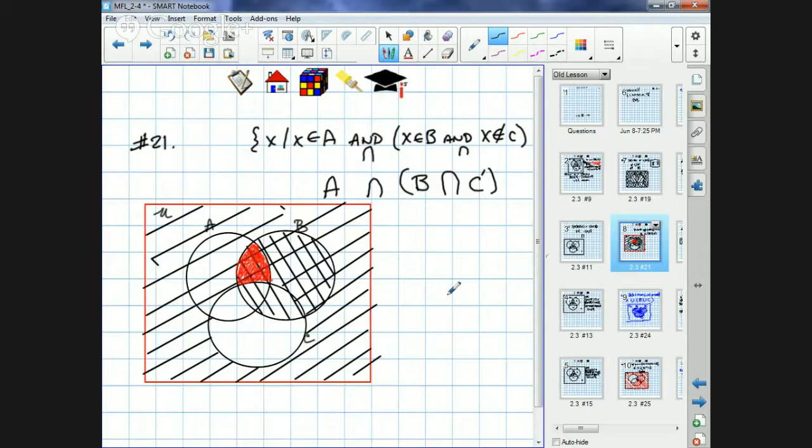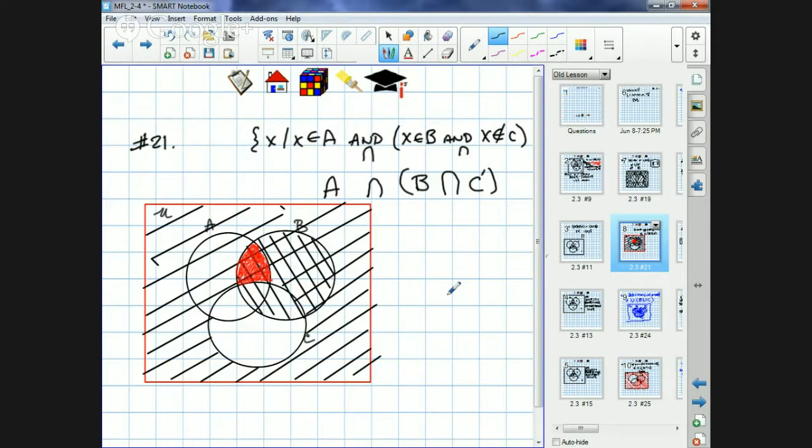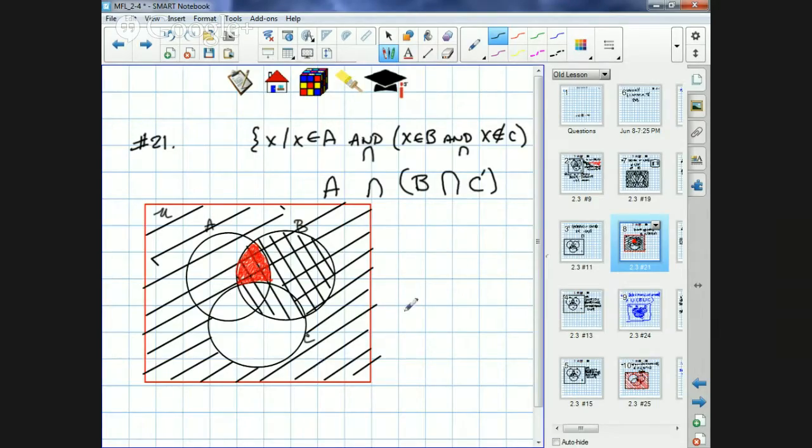So if I was just to start with B, I would use the lines just in B, and then the complement of C is everything outside of C. Okay. And then where does that intersect with A? It comes back to the red area. Yep.